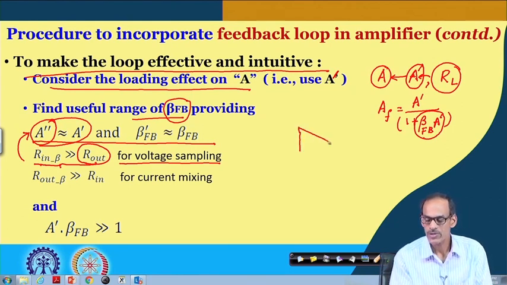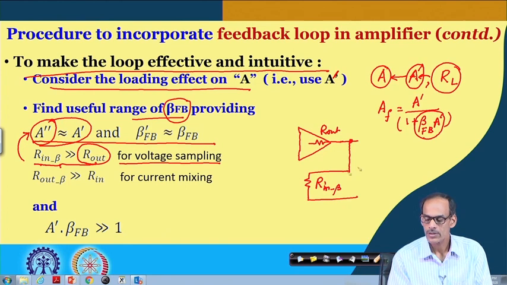So, pictorially, suppose this is the amplifier and it is having R out, and suppose we are making a voltage sampling, which means it is a parallel connection, and we do have the input resistance of the feedback network, which is R in beta.